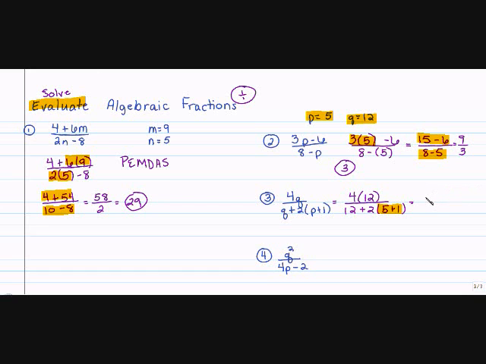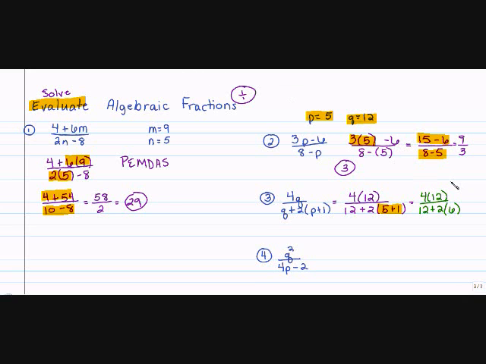Rewriting everything I don't solve: 4 times 12 divided by 12 plus 2. Now what's in between the parentheses is addition, and 5 plus 1 is 6.